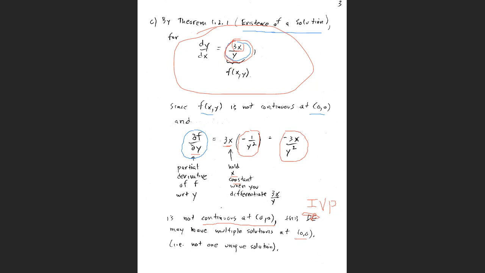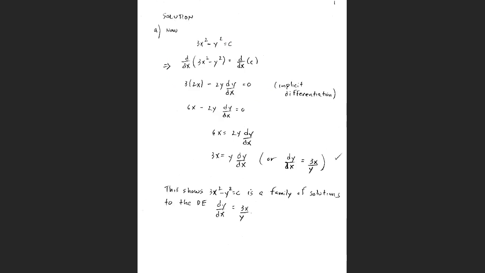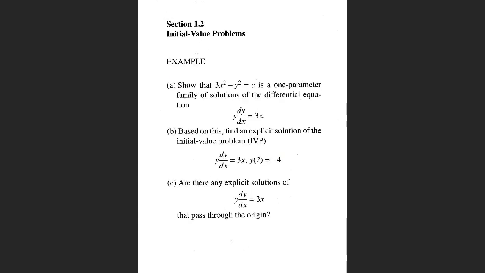The reason the partial derivative is not continuous at the origin is that y equals 0 puts a zero in the denominator, so that partial derivative does not exist. Now, I want to make a comment here. When you look at the differential equation as it's written, y times dy/dx equals 3x, you're not dividing by y.